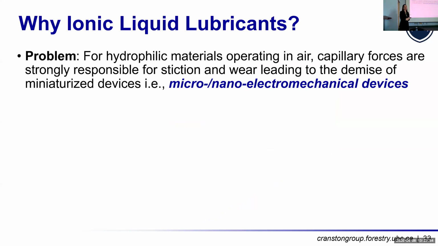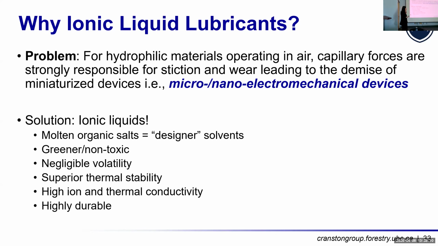What we were trying to get around here is the stiction and wear that ruins miniaturized devices. So with things like NEMS and MEMS, in air, the capillary forces basically take over and everything gets stuck. Sure, we can use conventional lubricants, but most of them have some disadvantages. So the thought was, can we use ionic liquids as lubricants for these small devices?